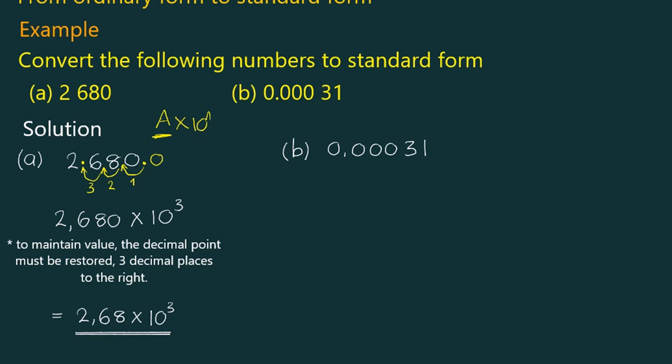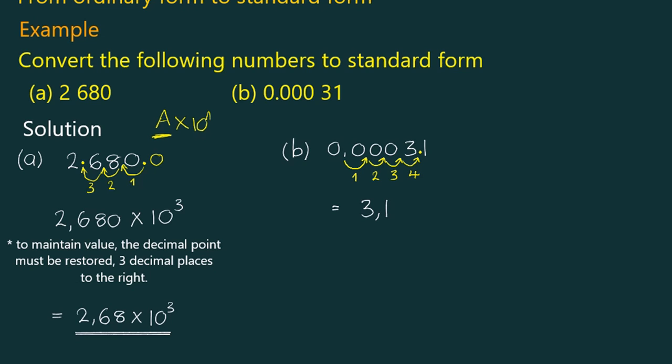It becomes our a. So I move once, I move again to the right, I move the third time, and I move the decimal point the fourth time, so that it's now between the 3 and the 1, so that it is now 3.1, a value that is between 1 and 10.